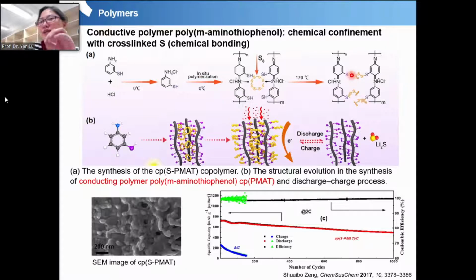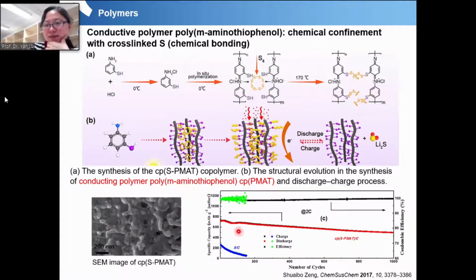You have a chemical bonding of sulfur into your polymer matrix. Due to this chemical bonding of sulfur with your polymer chains, you do not have any problem with the polysulfide, because you have this chemical bonding and you do not have the possibility for the dissolution of polysulfides.